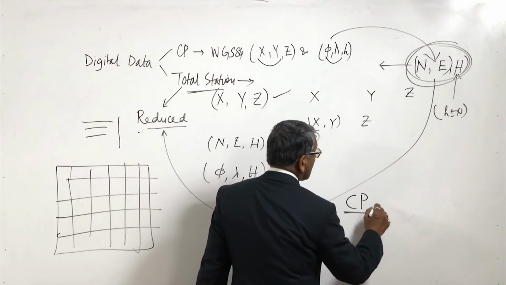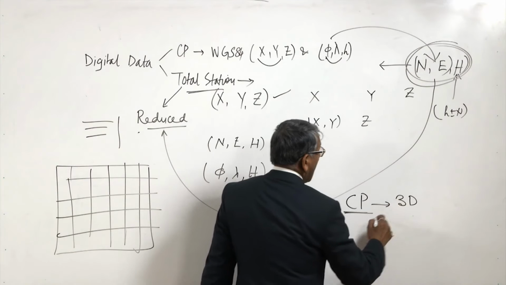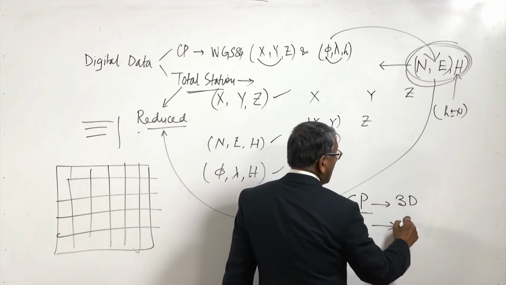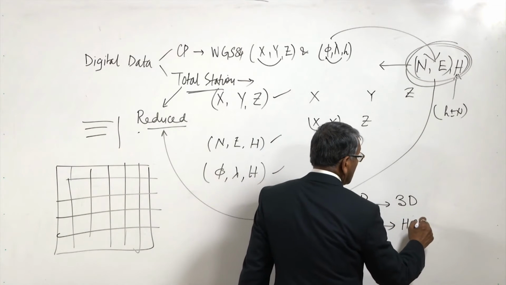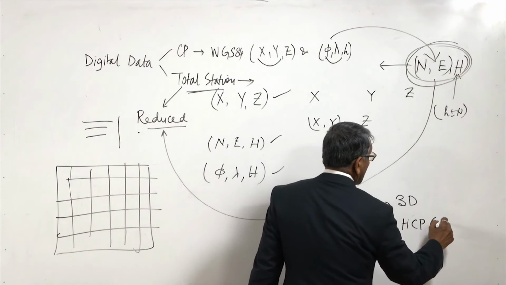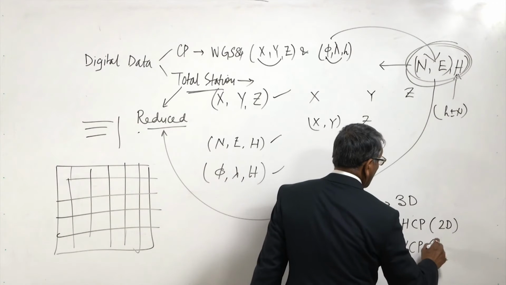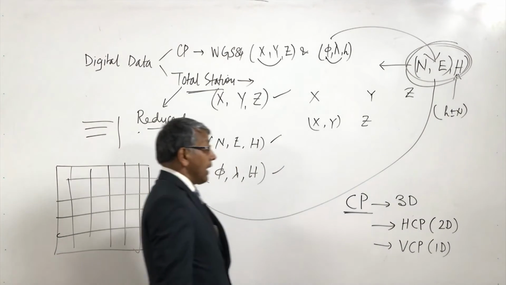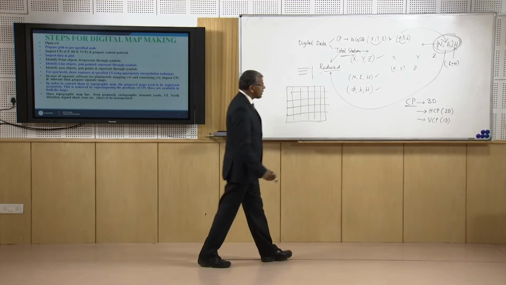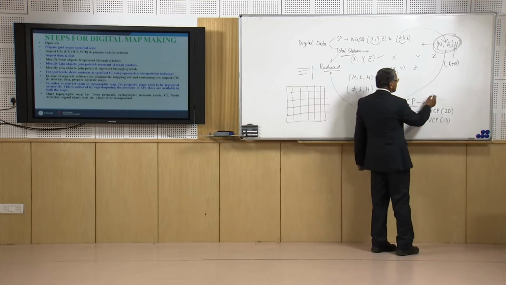Now, as we know, the control points may be of three types. One is the 3D control point, another may be a horizontal control point, which is a 2D control point, and it may be a vertical control point, 1D. Using GPS, generally we have the 3D control point.